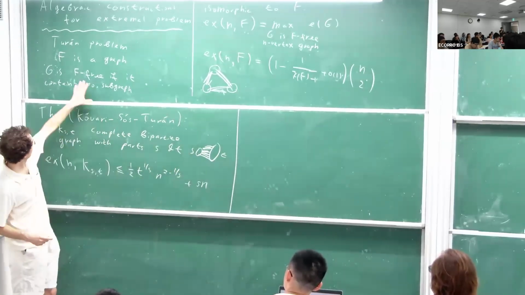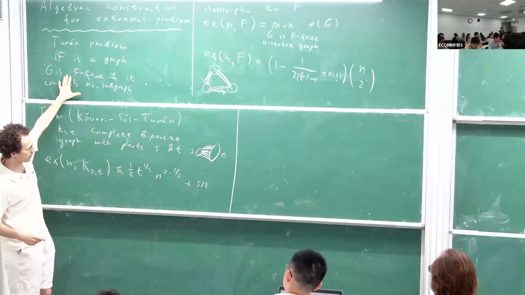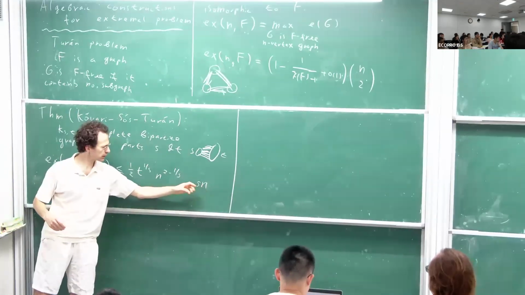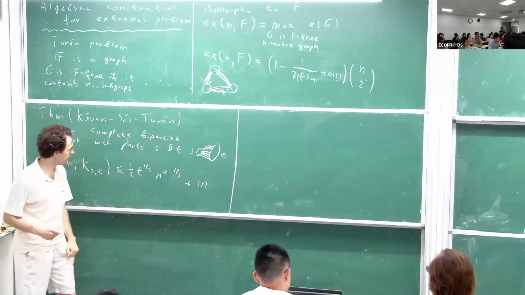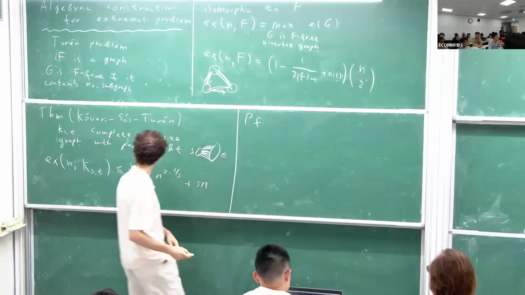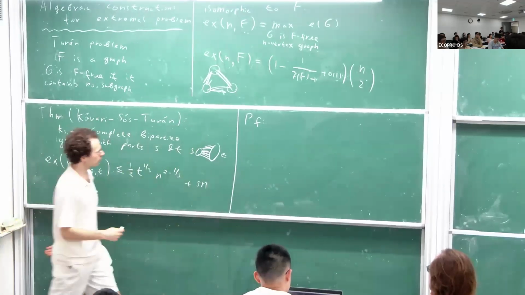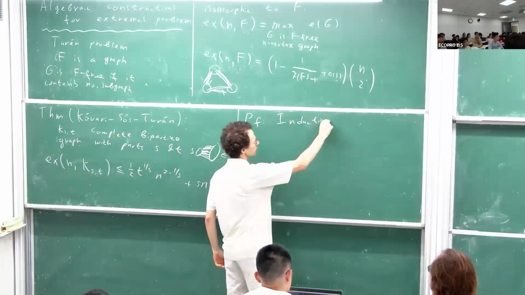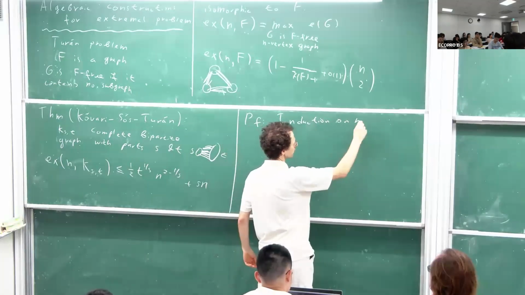Though it's not the focus of the main topic, let me just quickly go through the proof. It will take us 2 minutes, and we'll basically see where the numbers come from, because that's useful. So, proof. We're going to do induction on n.